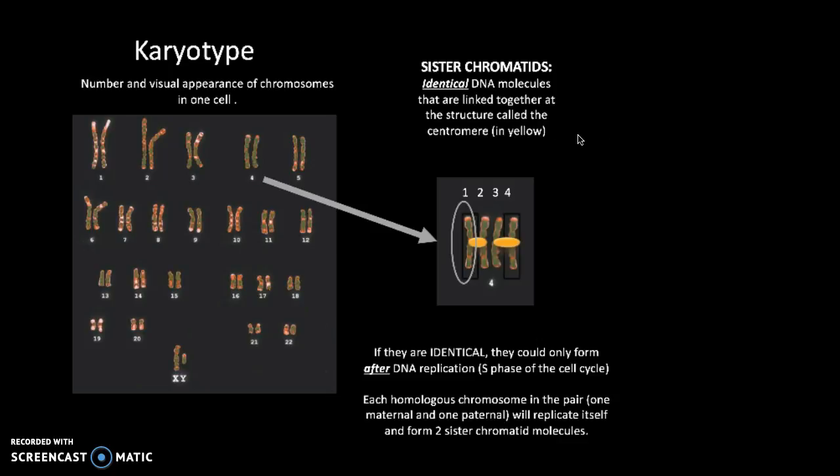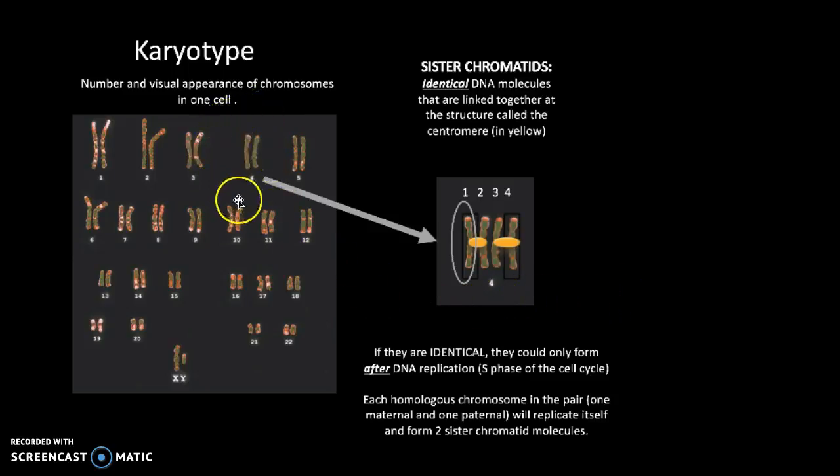So how do we get identical DNA molecules? If they're identical, they can only form after the DNA was replicated, in the S phase of the cell cycle. Each homologous chromosome in the pair, one being maternal and one being paternal, will replicate itself to form these two sister chromatid molecules.